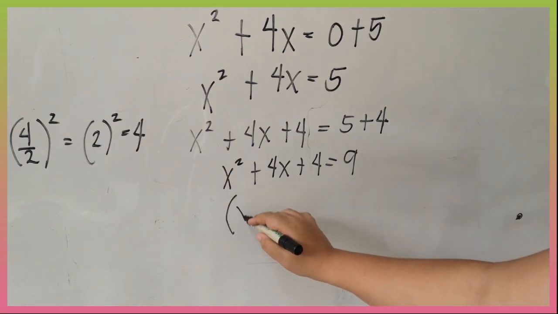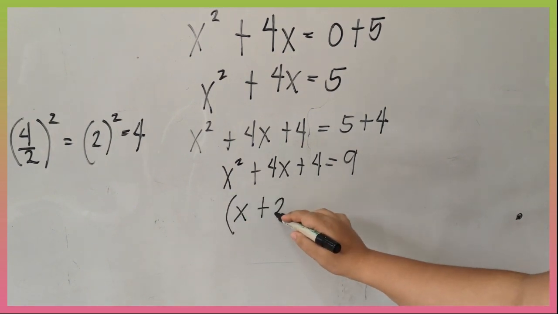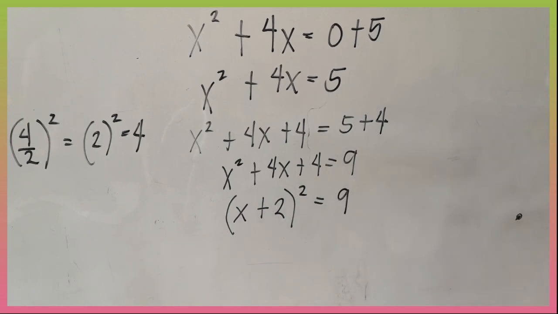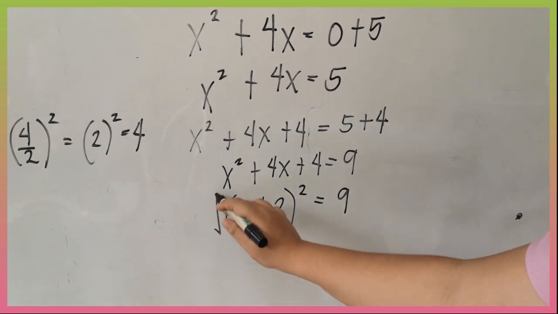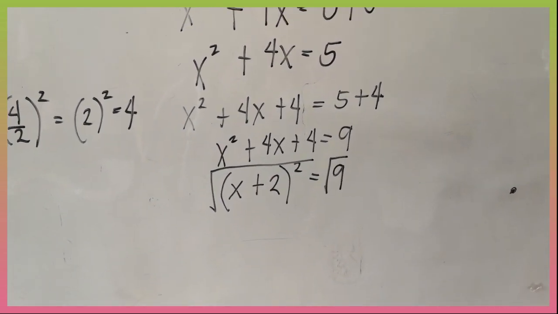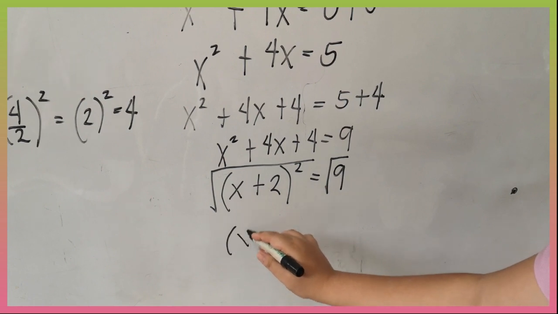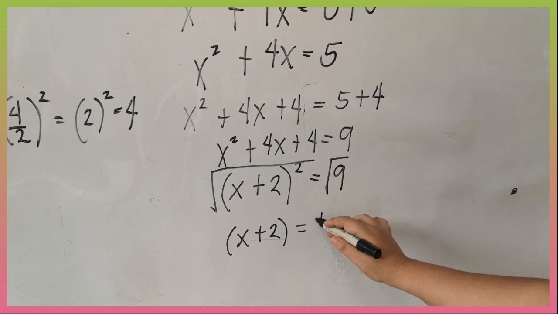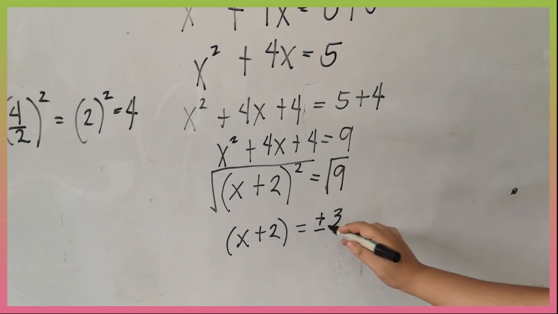We have x plus 2 squared is equal to 9. Using the square root principle, extract the square root on both sides. So the remaining values are x plus 2 is equal to the positive and the negative 3.